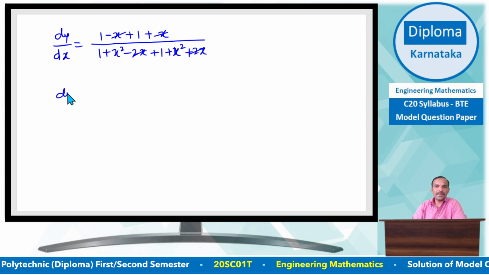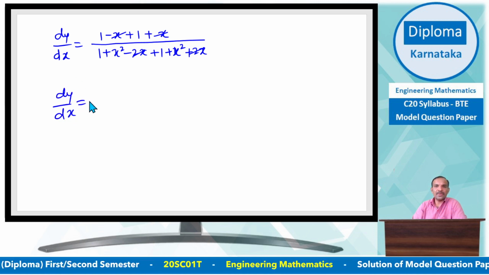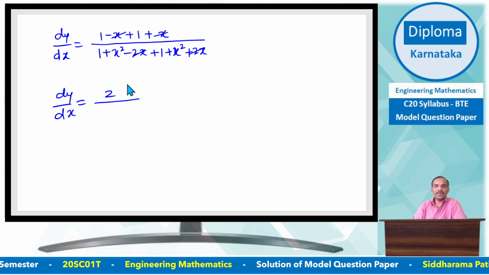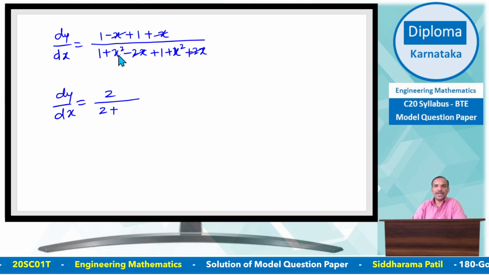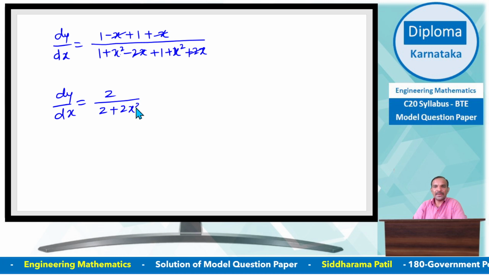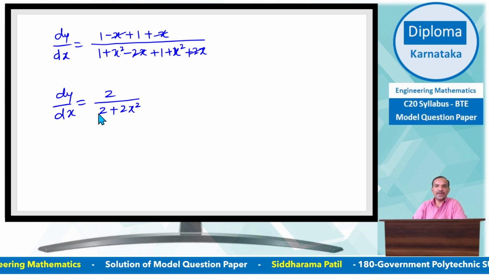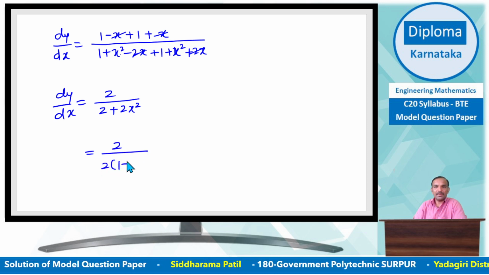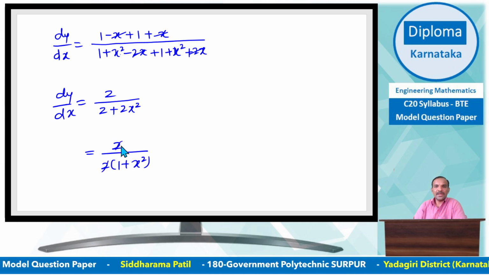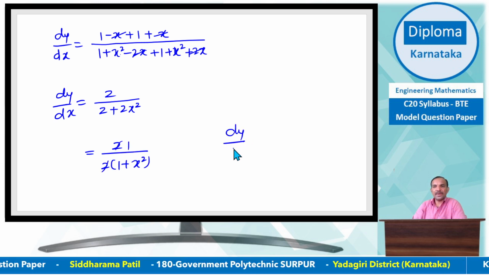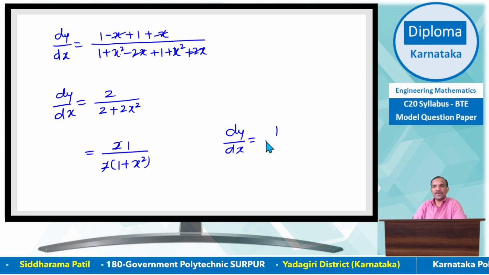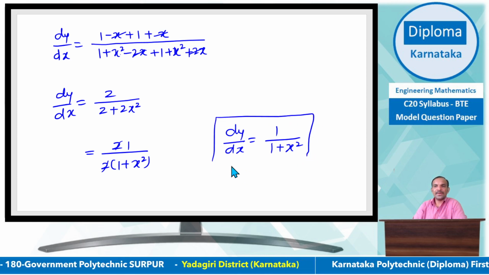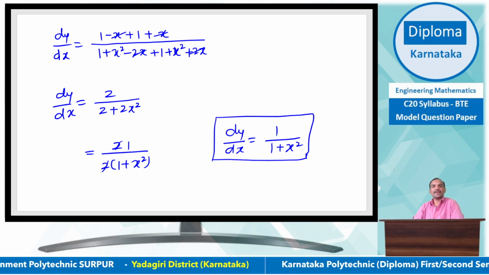Now dy by dx is equal to, both are positive, 1 plus 1 is 2, divided by 1 plus 1 is 2, plus x square plus x square is 2x square. In the denominator, 2 is common, so 2 divided by 2 cancels, leaving 1 plus x square. Therefore, the final dy by dx is 1 by 1 plus x square.